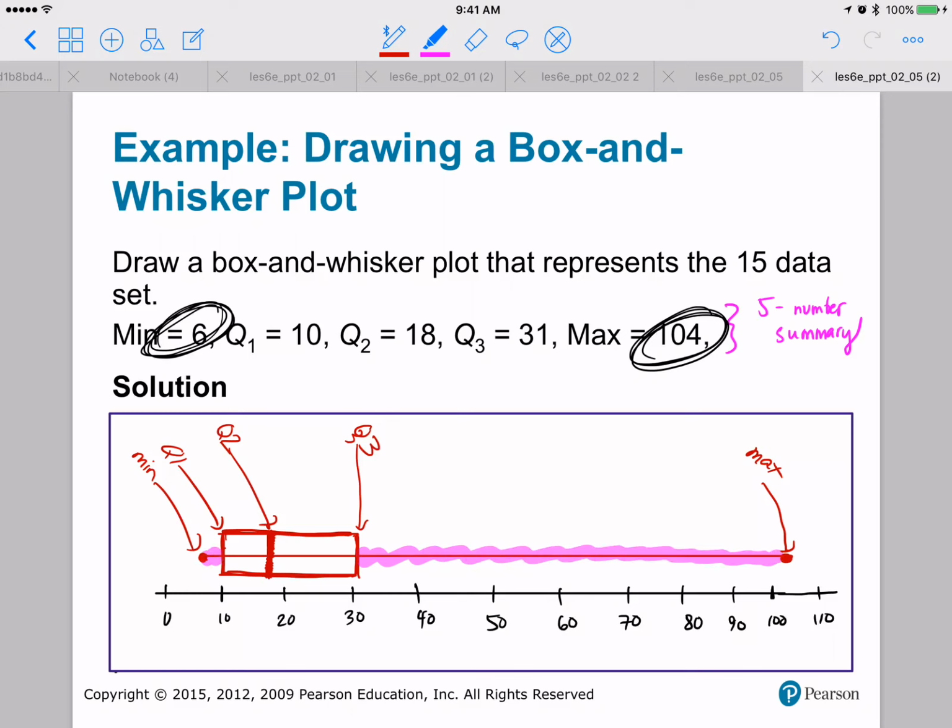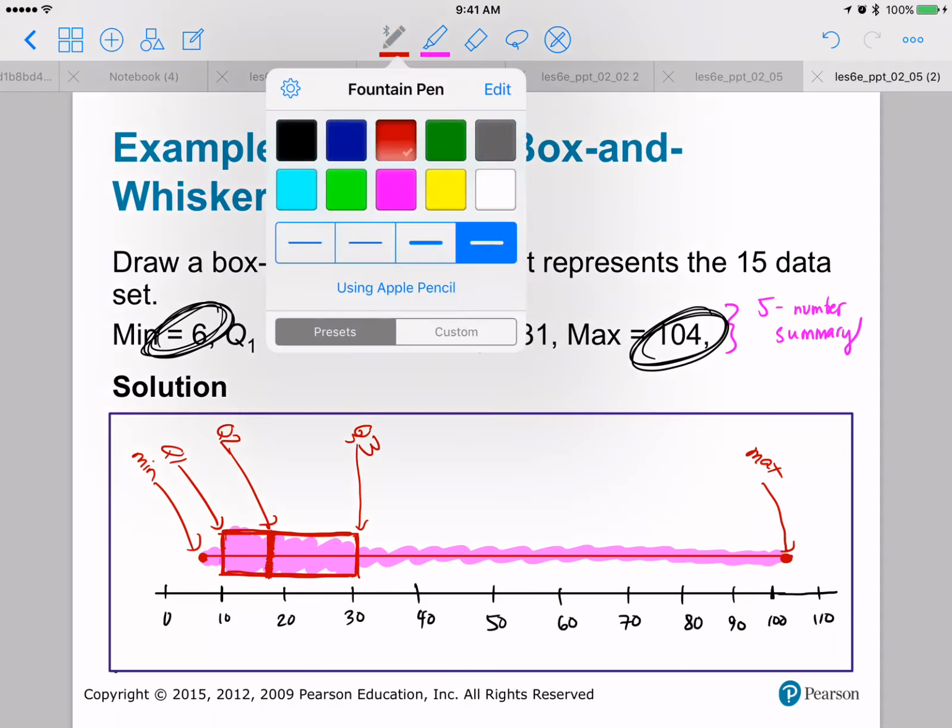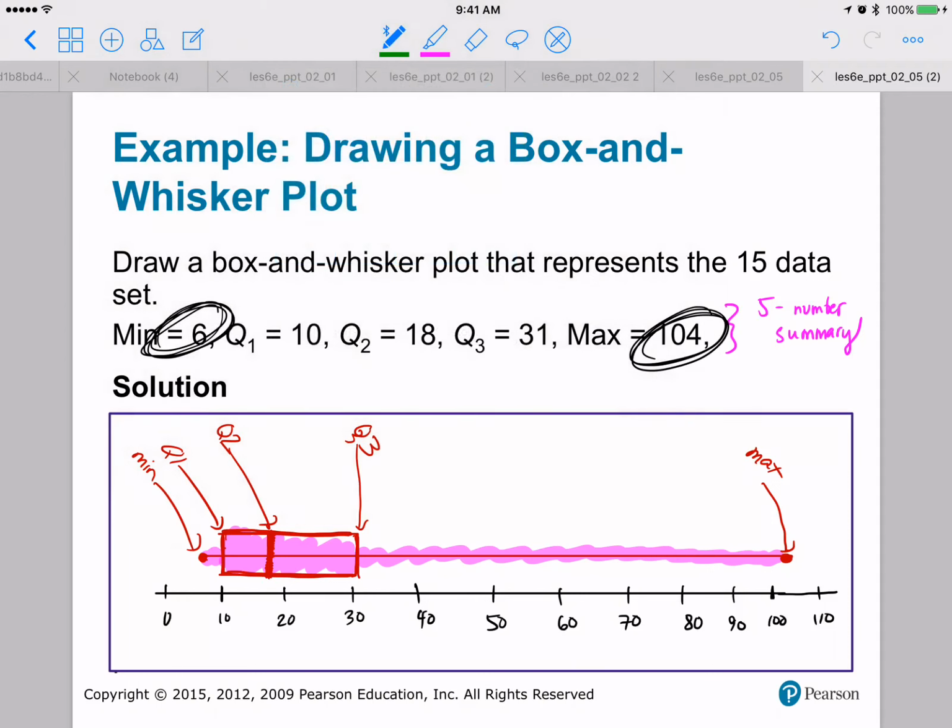And so you've got a box, and you've got whiskers. And so already, just from looking at this, you can get an idea of the spread of the data. So, for instance, if we were to try to draw a histogram that corresponds to this data, do you see how long this is?